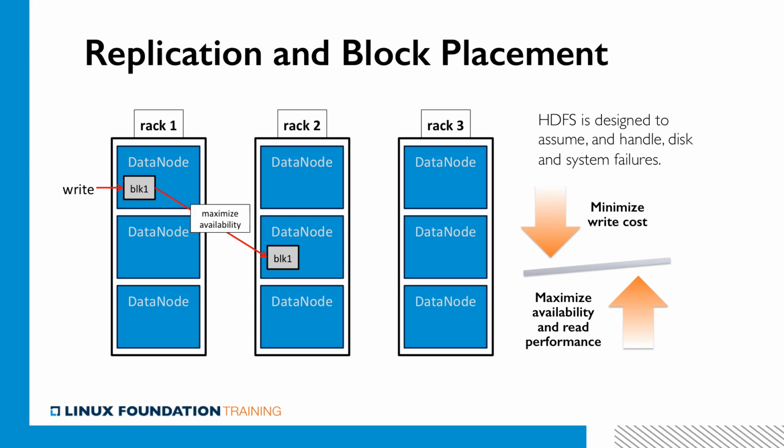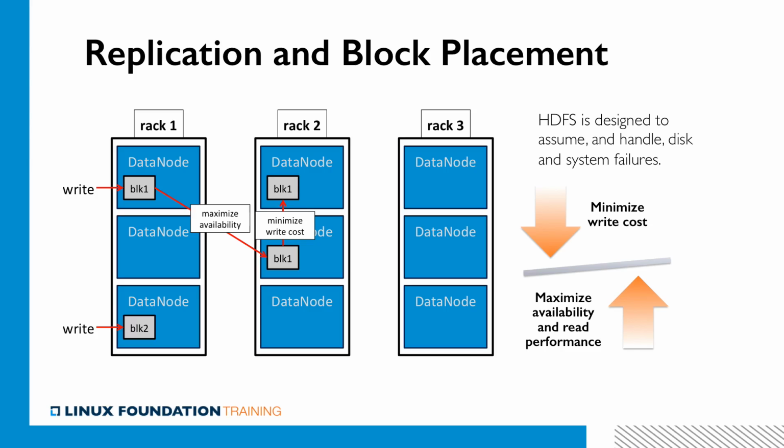But remember, if the server goes down, it is much more likely to go down within the same rack because of a power outage or something like that. Now, once the block actually gets to rack 2, the third replica can go to a server in the same rack, minimizing the write cost, since the block doesn't have to travel over the network and we already have a copy of the block outside of rack 2.